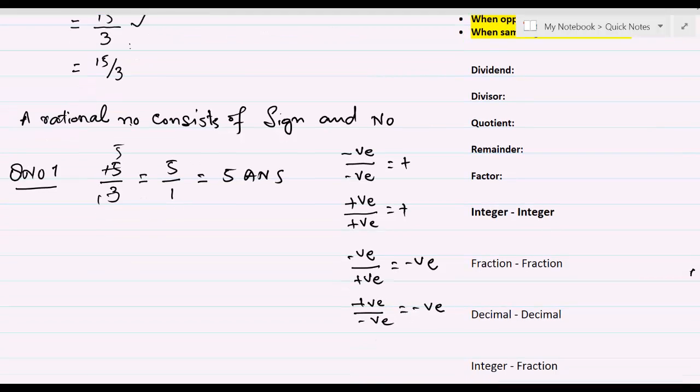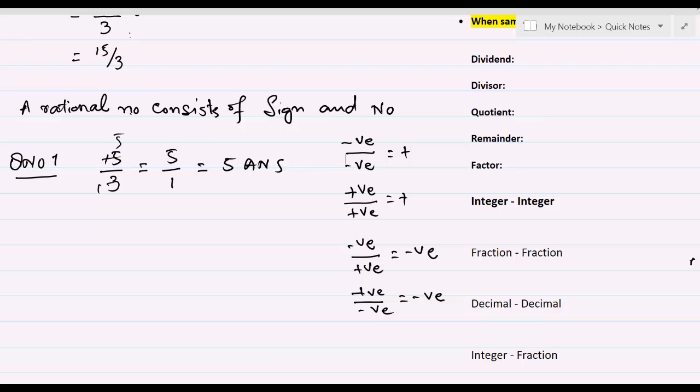So this method is in fact used in converting fractions into their equivalent fractions. Whatever the given fraction is, we have to reduce it into the lowest form.